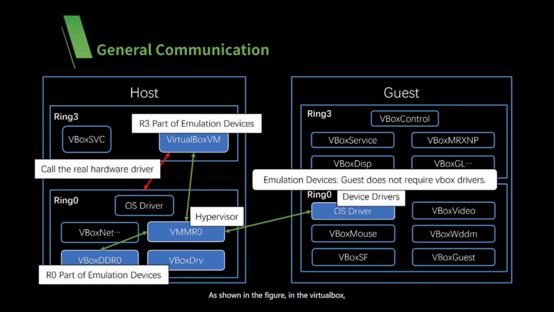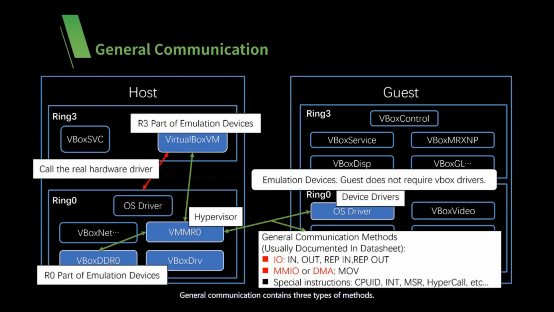As shown in the figure, in VirtualBox, the guest runs the communication instructions through the system's own device drivers, and the host's hypervisor will capture the instructions and pass the message to the corresponding emulated device component. The emulated device will parse the message from the guest and implement the response operation.